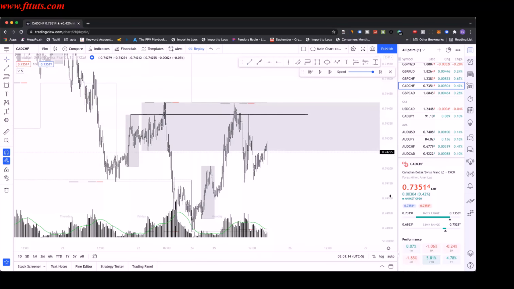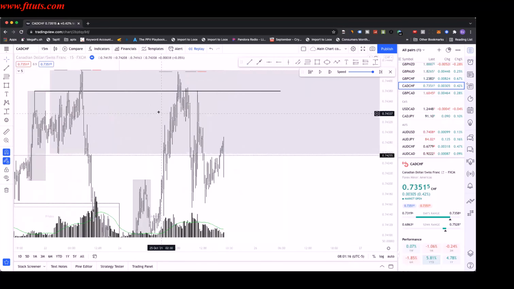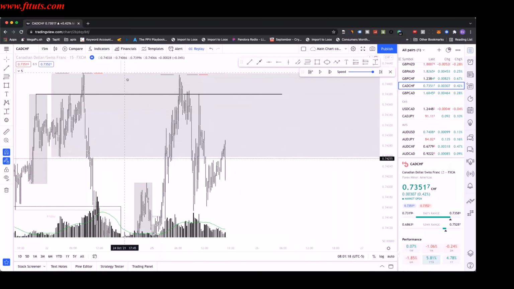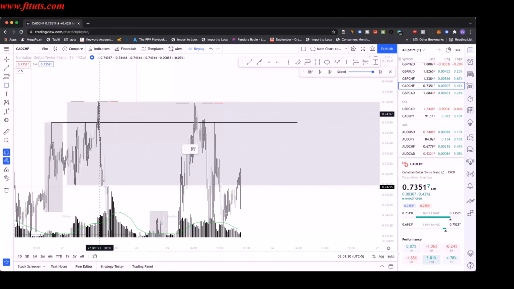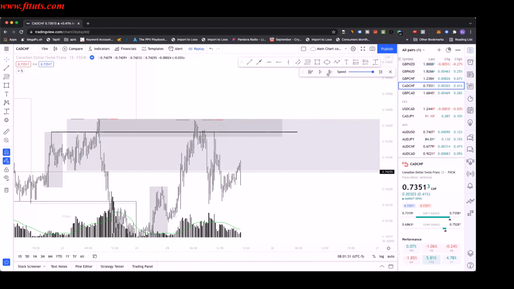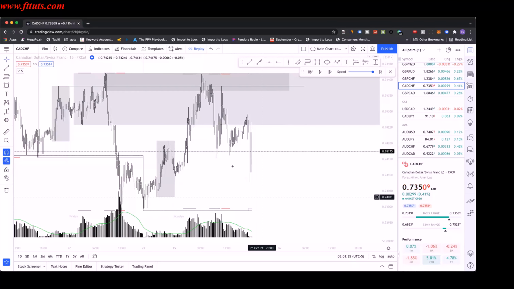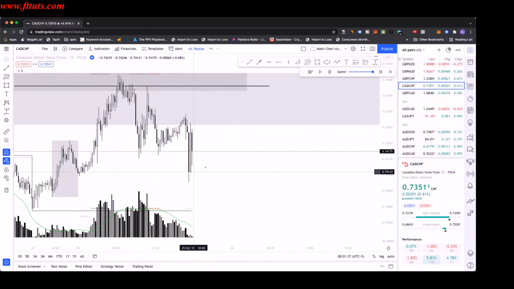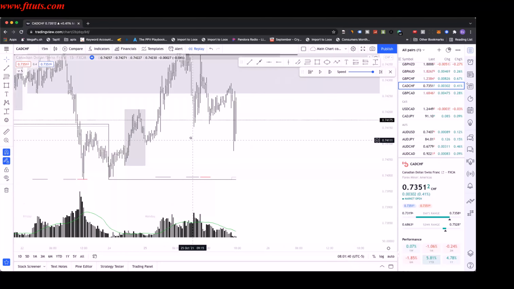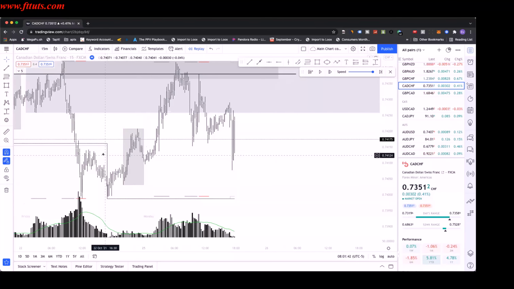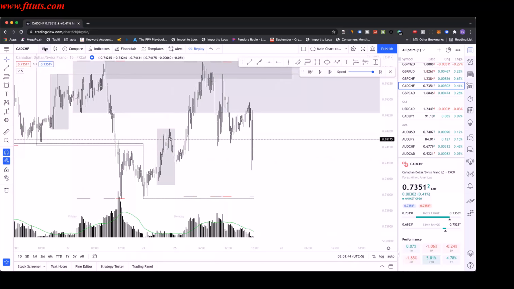Okay, so we have that confluence with POI. And you get a move. Okay, and why did price stop here? It's because, let's look on a higher time frame.